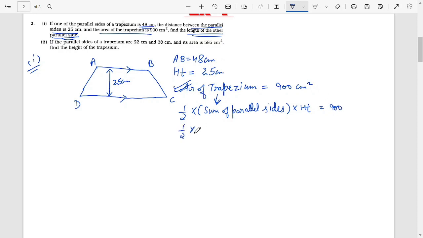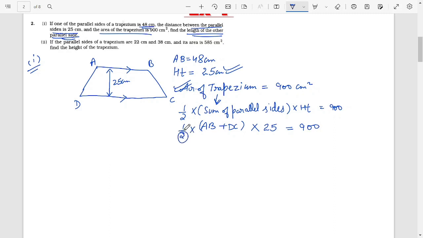Now half into sum of parallel side. Parallel side we have to add. What are the parallel side? AB and DC. We will add them. AB plus DC. Bracket close. Outside the bracket, multiply by height. Height is already given, 25, equal 900.